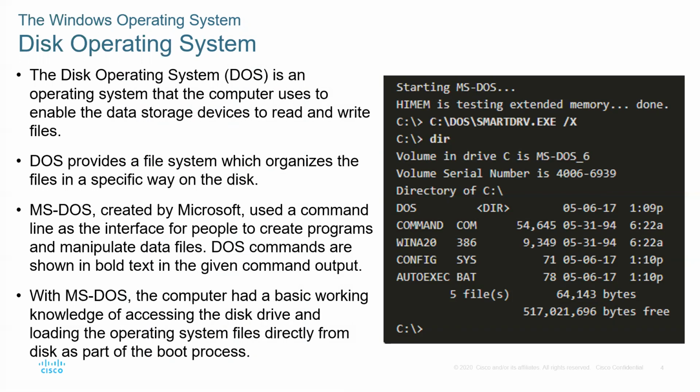The computer had a basic working knowledge of accessing a disk drive and loading operating system files directly from the disk as part of the boot process. So this was a very early operating system. It's actually one that I got started on prior to Windows 3.11 and did quite a few things in Microsoft DOS. It was all command line like this, so there was no fancy GUI or anything like that back then.